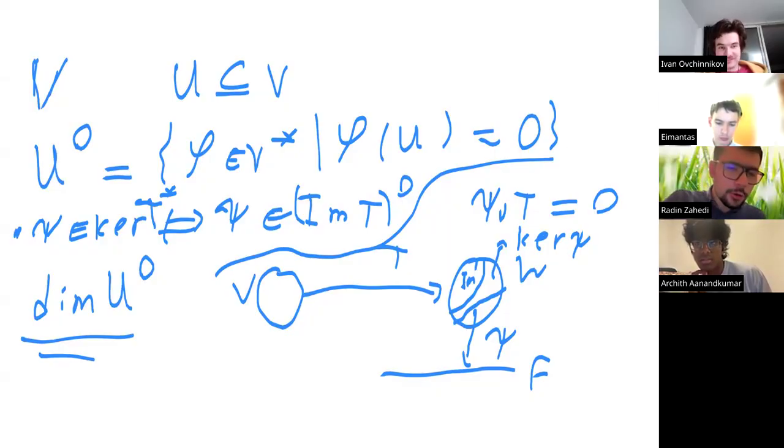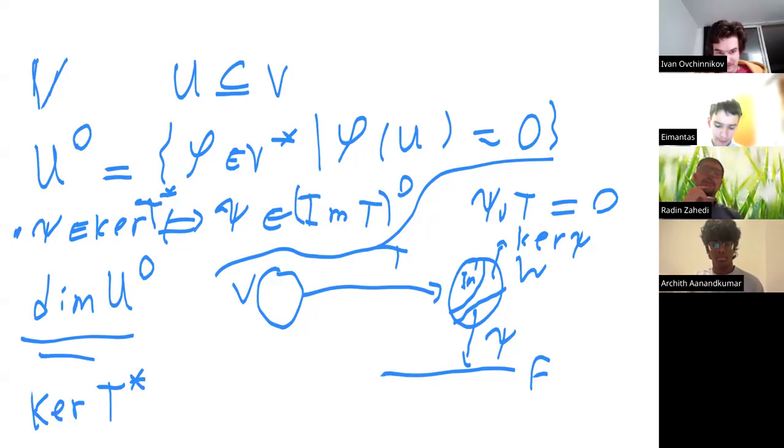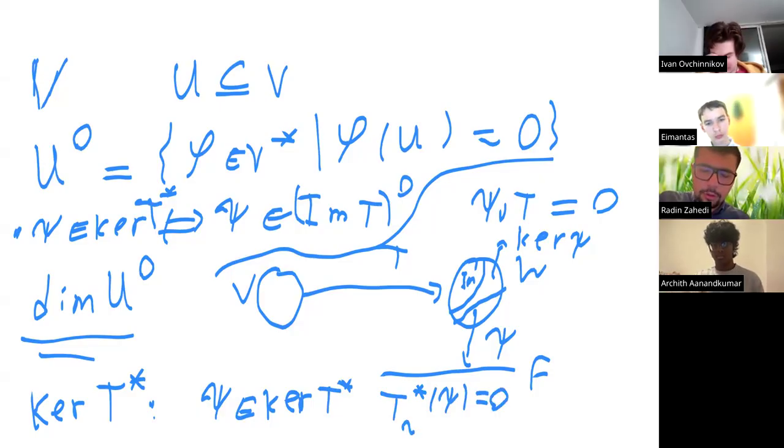Okay, so we want to just calculate the dimension of this thing, right? And we just use the definition. For a psi here to be in the kernel, we should have T star of psi equal to 0, which is by definition psi composed with T. Is that okay right now?